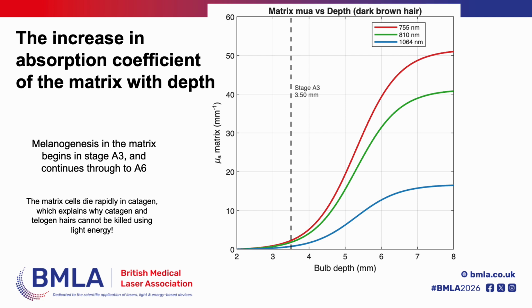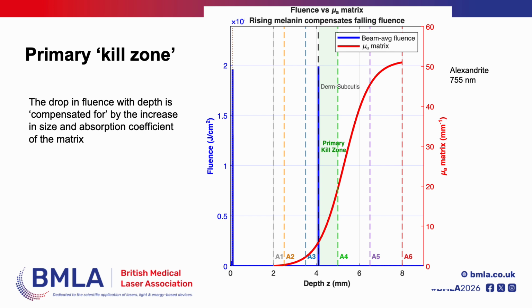So this is a very interesting graph because it gives us a clear insight into how the processes change with the growing, expanding matrix, and with the darkening of that matrix with more melanosomes. As the matrix cells and the dermal papilla descend towards the subcutis, the size and the darkness of that, or the absorption coefficient of the matrix, increases, as we can see here, whilst the fluence drops, because we know that the fluence decays as you go deeper into the skin.